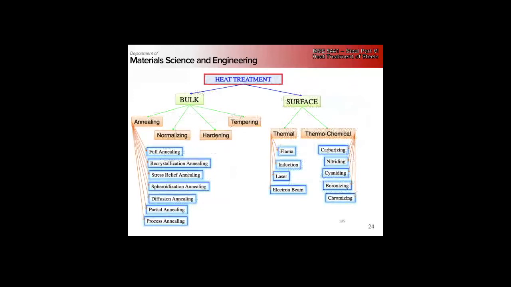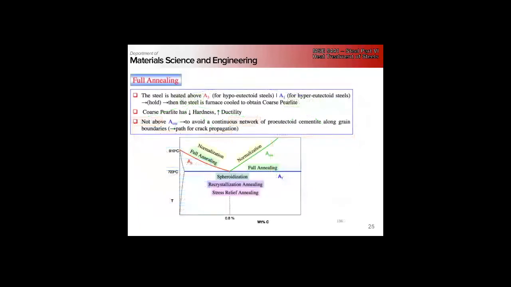So if we then go into structures that have austenite, we have bulk heat treatments, and then we have surface hardening processes, right? Full annealing we talked about before. The idea is we heat above A3 for hypoeutectoids or A1 for hypereutectoids, furnace cool, and we get coarse pearlite, and this has a very low hardness and a high ductility, right?